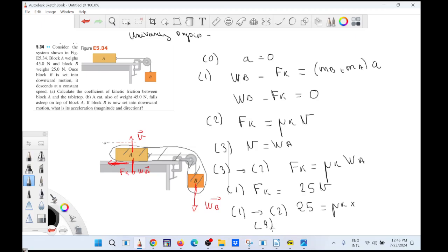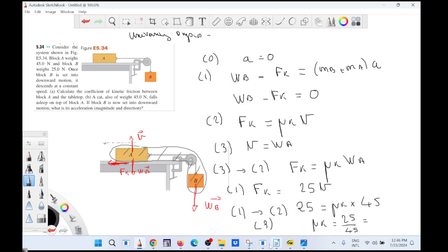I use also equation 3, and the normal force equals the weight of A, which is 45. So if you do that, it's going to be 25 over 45.